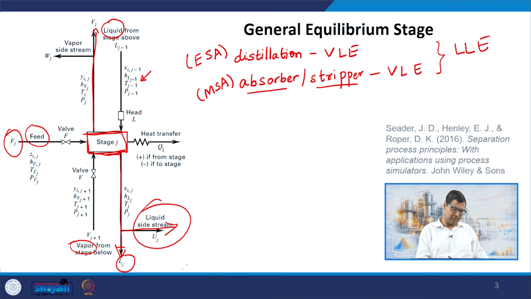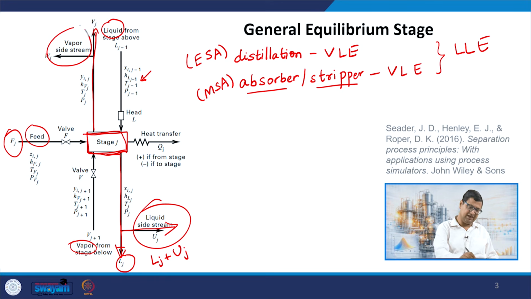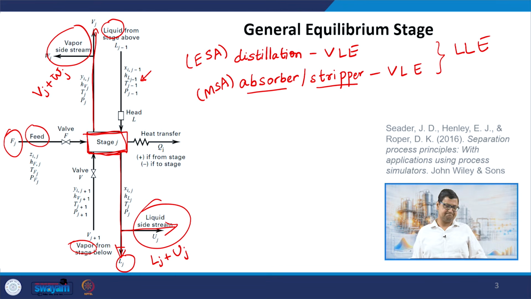The total liquid flow rate that leaves stage J is therefore Lj plus Uj. Similarly, for the vapor, we have taken a vapor side stream, so Vj plus Wj is the total flow rate going out there.